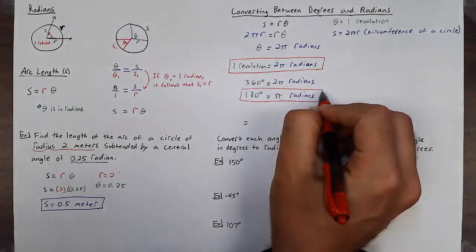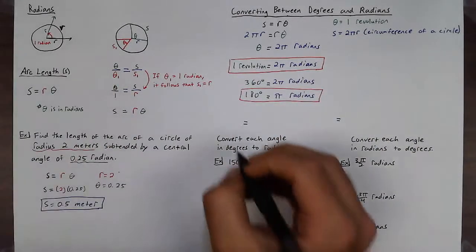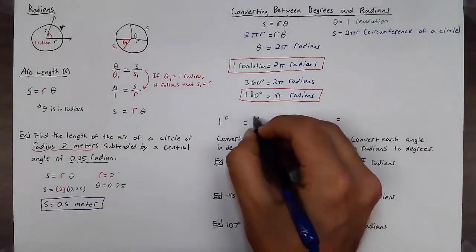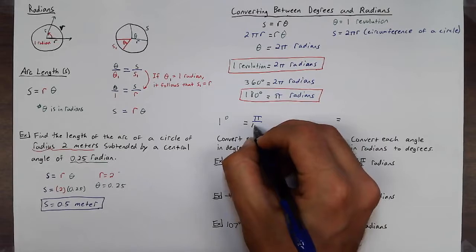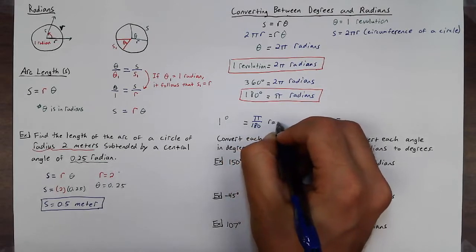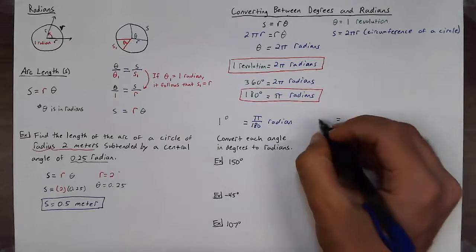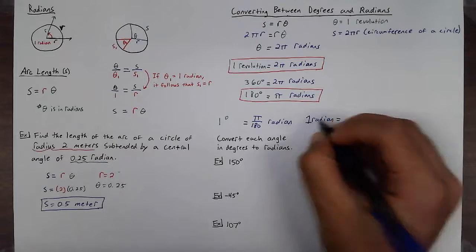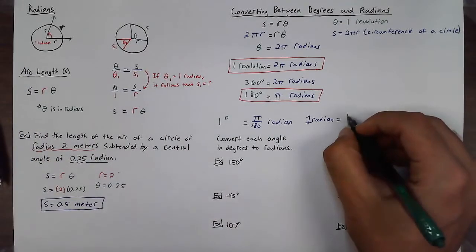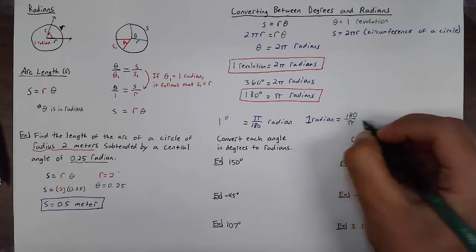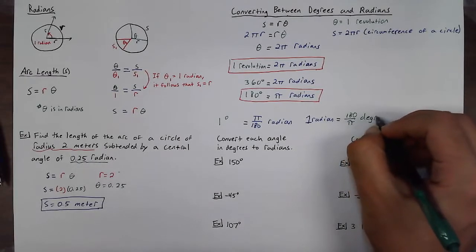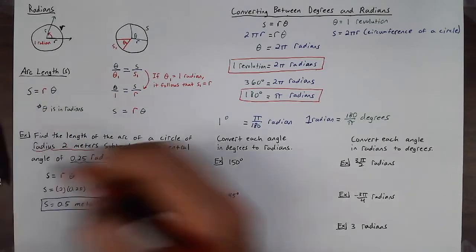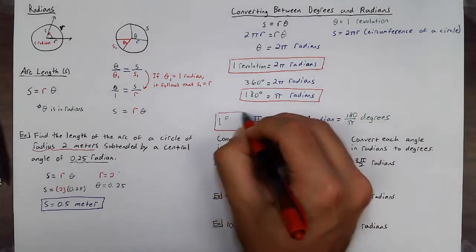Because now I can either look at the fact that 1 degree should equal pi over 180 radian, or I can say that 1 radian is equal to 180 over pi degrees, which are two great formulas used for converting.